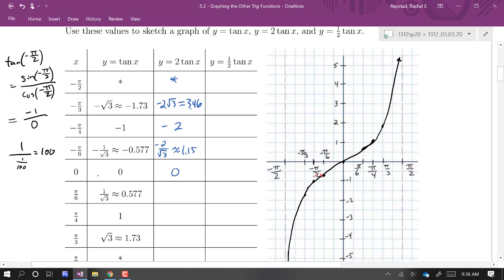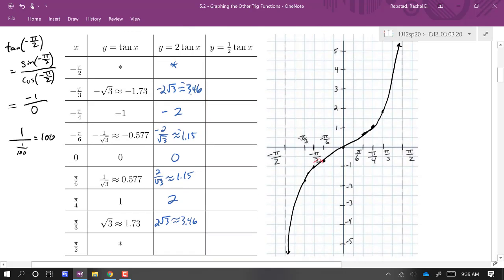And then we get the same values on the other side, just positive. So approximately 1.15, positive 2 root 3, or approximately, oh, that was a negative and that was a negative, positive 3.46.